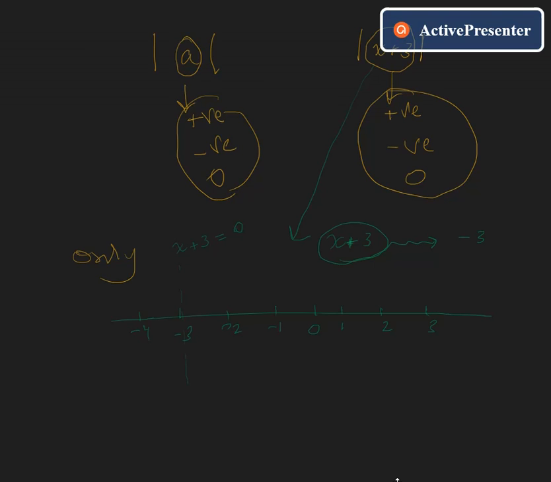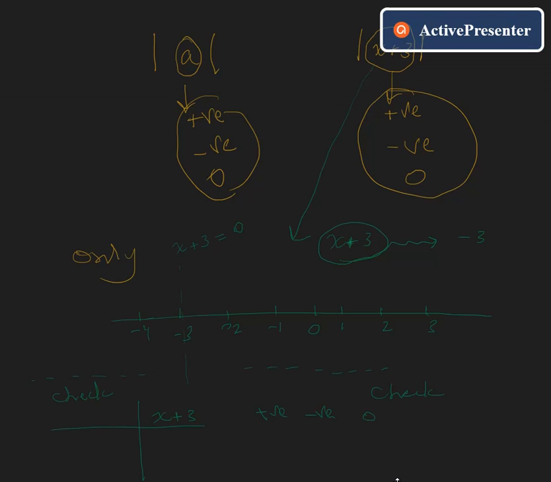So this value separates the whole line. We take values in this area and in that area and check whether the expression x plus 3 is positive, negative, or 0.